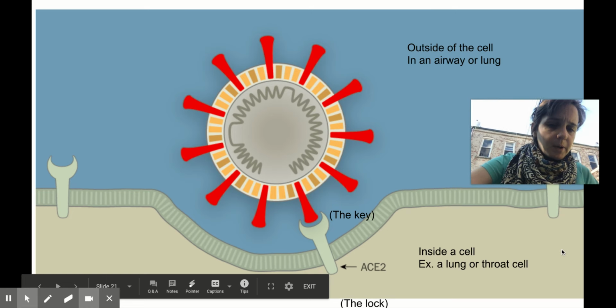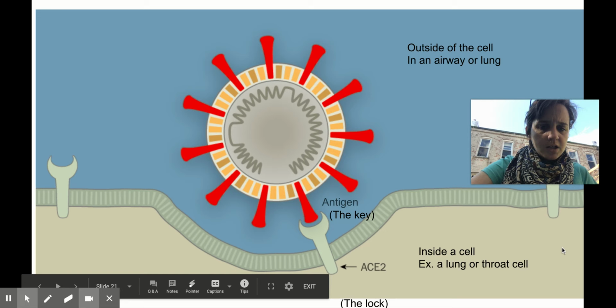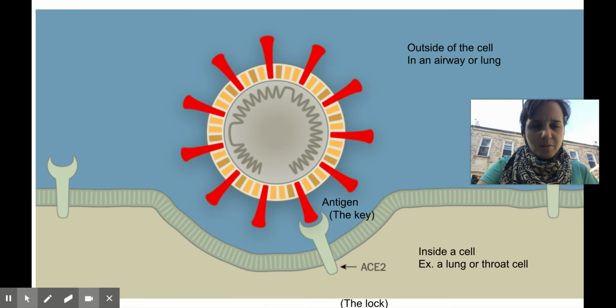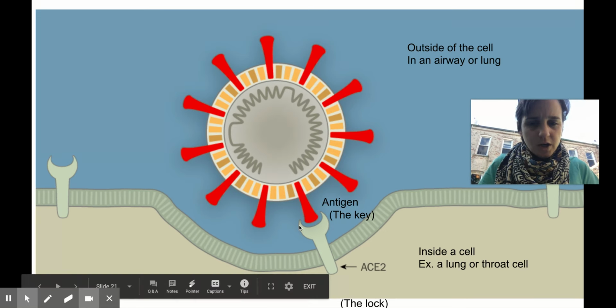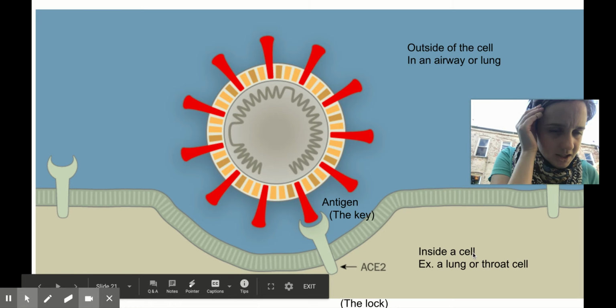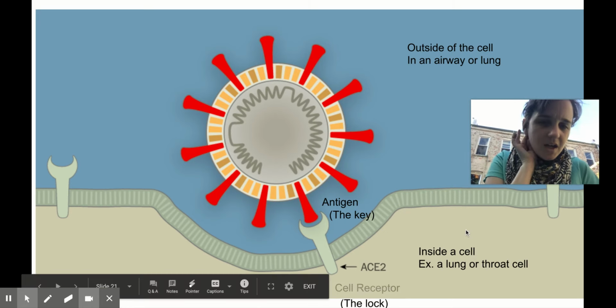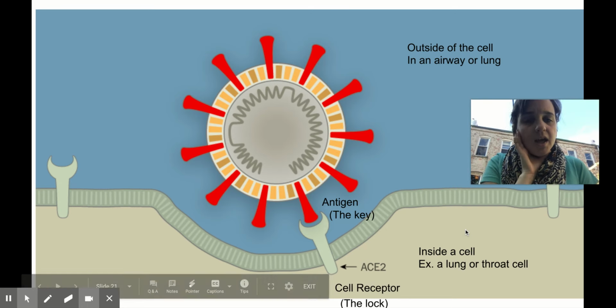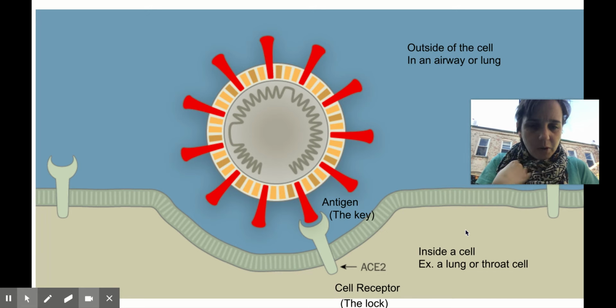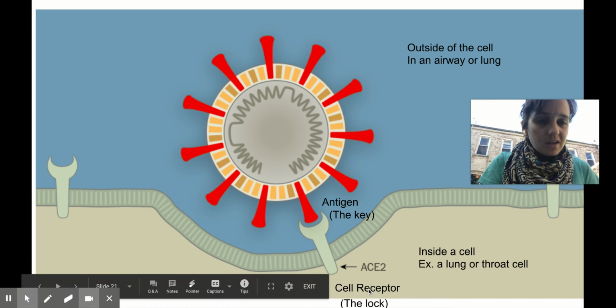So let's just make sure we get some names here. My red spike again is called my antigen. And can you guys remember what this gray wrench-like looking thing sticking out is called? That's my cell receptor. In my metaphor, you're going to think of the receptor as like the lock, and I want you to think of the antigen like a key.